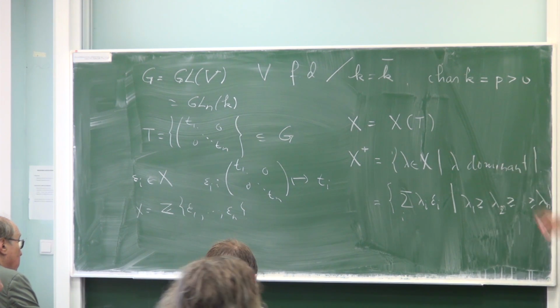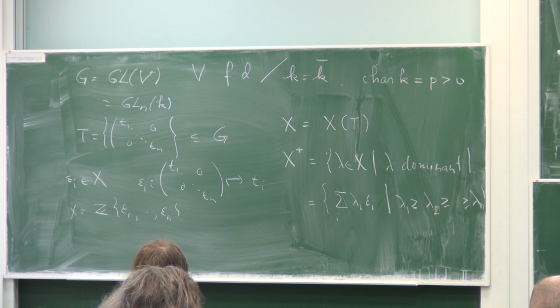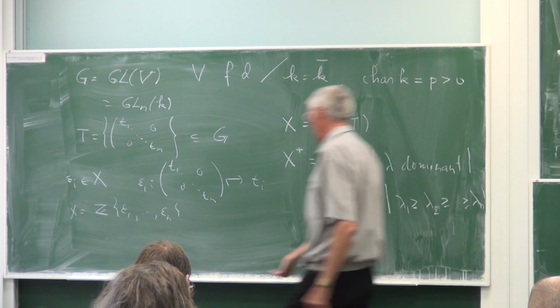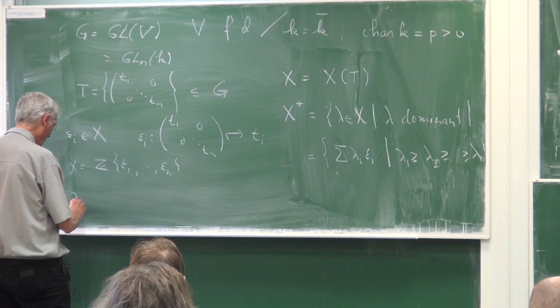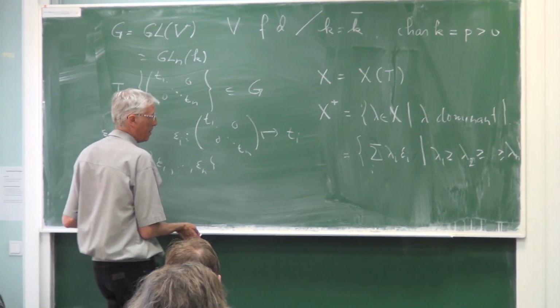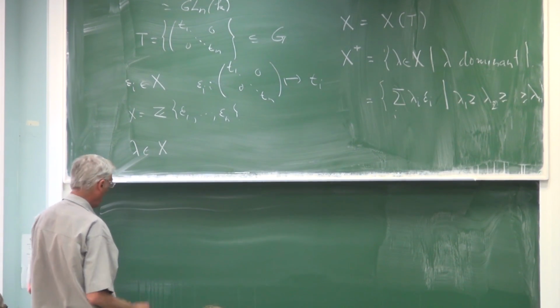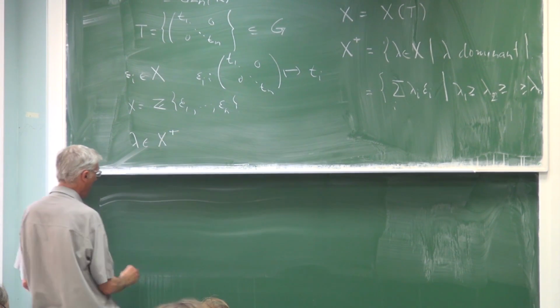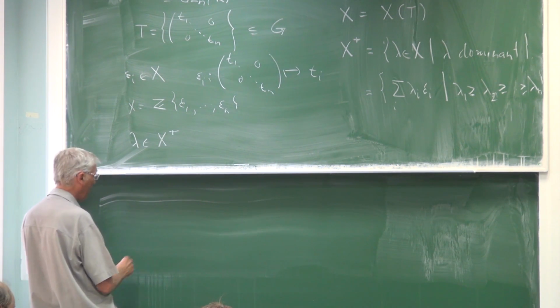So if you like, you can also think of these as partitions of a certain number. So the partition of the sum here. The only thing is you don't require this lambda_n to be positive. It can be anything, actually. So the reason I want to have this notation on the board is that whenever I have a lambda in X plus, I have several modules attached to lambda.